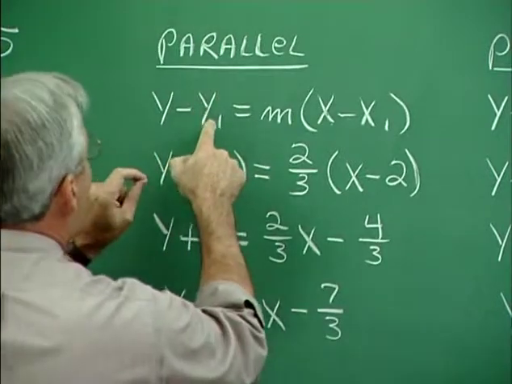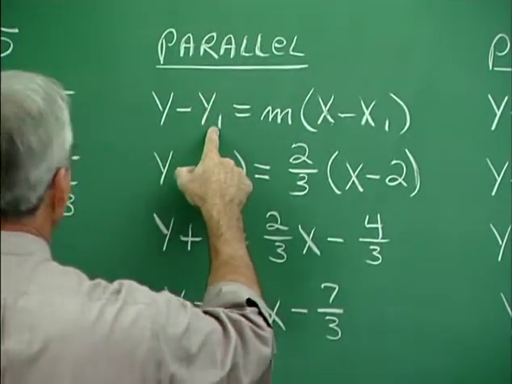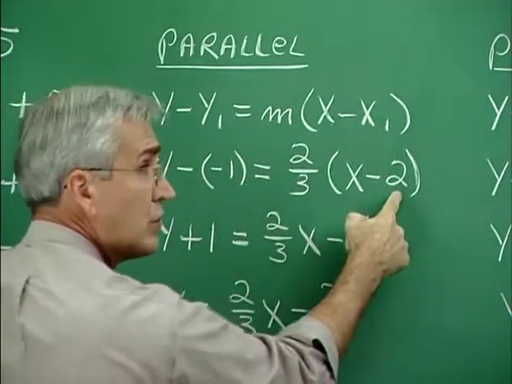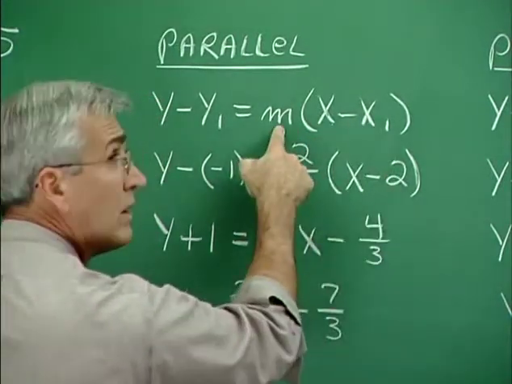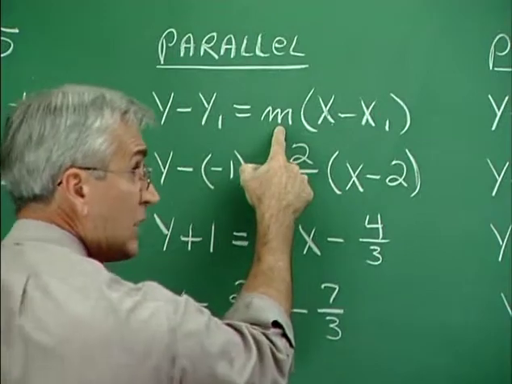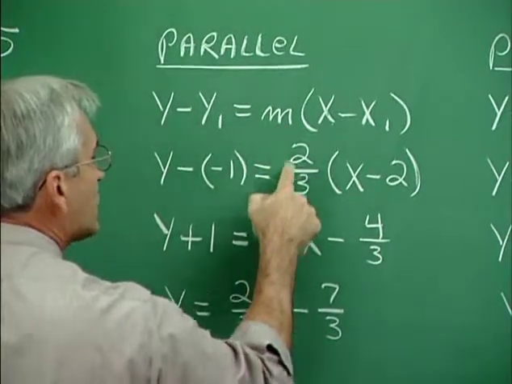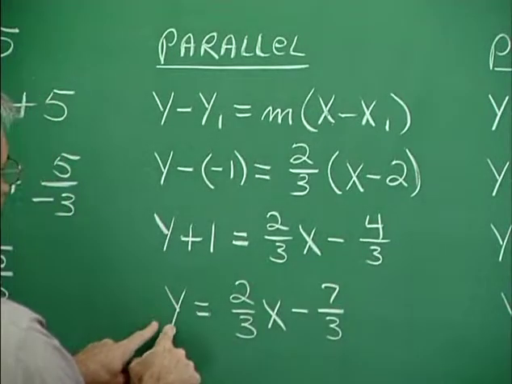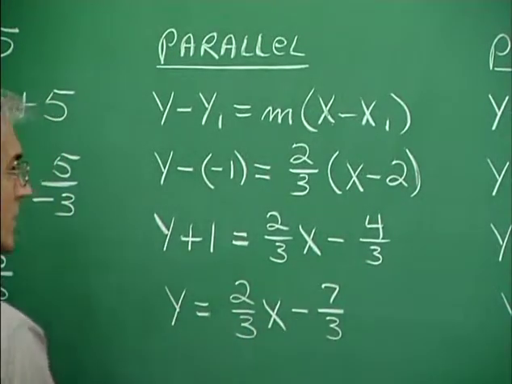And now the y component, remember it was going through the point 2, -1, so the y component is -1, the x component is 2. And the slope of a line parallel to the one that we had earlier is that same slope of 2/3. And now we just clean this up a little bit, and we have y is 2/3 x minus 7/3.